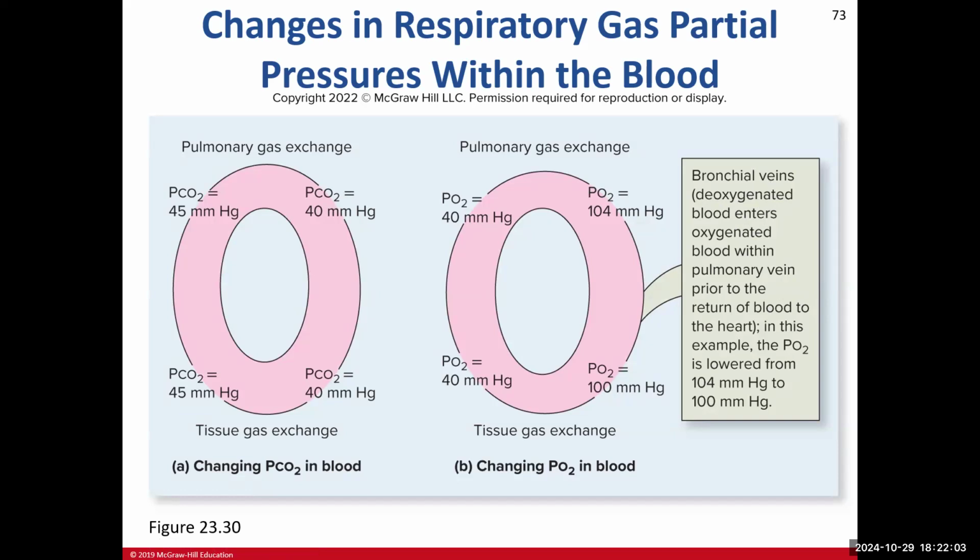By the time the blood gets into the heart and leaves the heart, it's usually around 100 millimeters of mercury. We're just seeing a slight mixture of deoxygenated blood with oxygenated blood. Most people don't even ask me why this number drops from 104 to 100, but for those of you that were curious, now you know. We're getting some slight mixing of deoxygenated blood with primarily oxygenated blood.